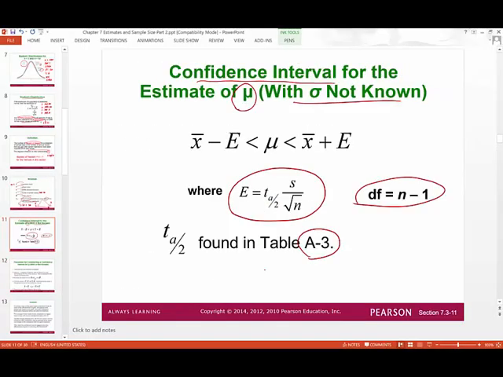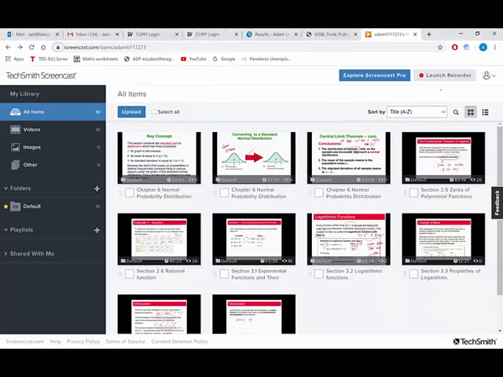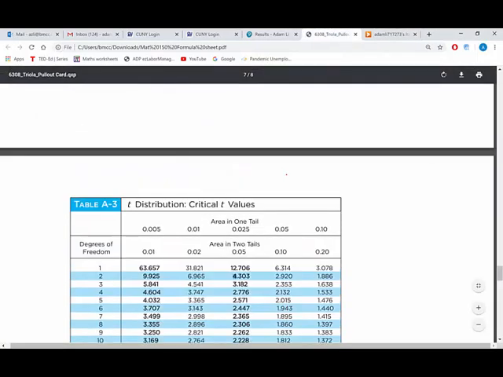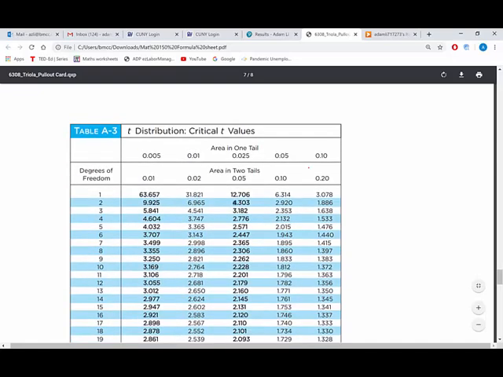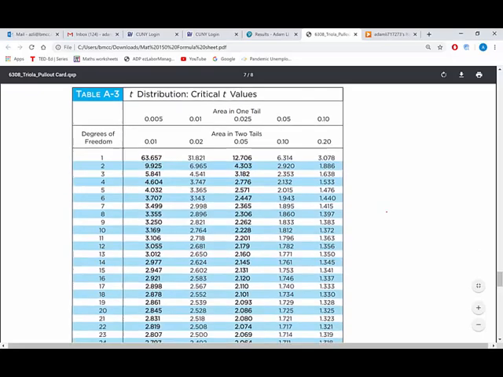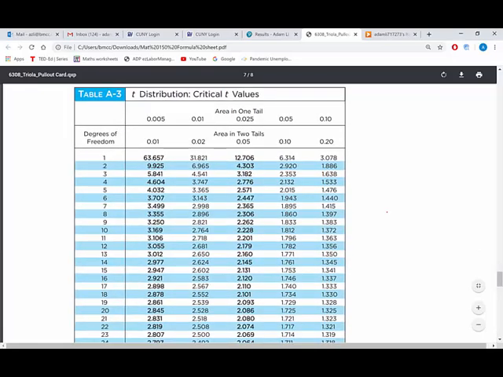So now let's go to table A3. Open the formula sheet, and table A3 is located after table A2. Table A3 is the t distribution, critical t values. Right here you need two things: area in two tails, which is usually what we call alpha, and the degree of freedom.